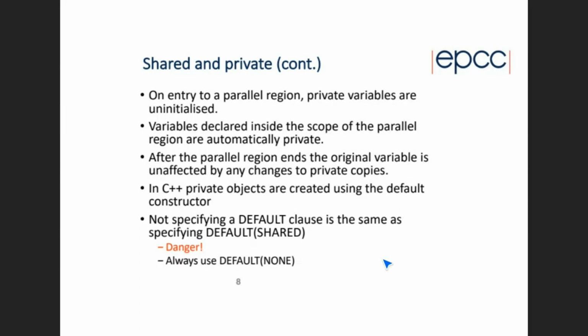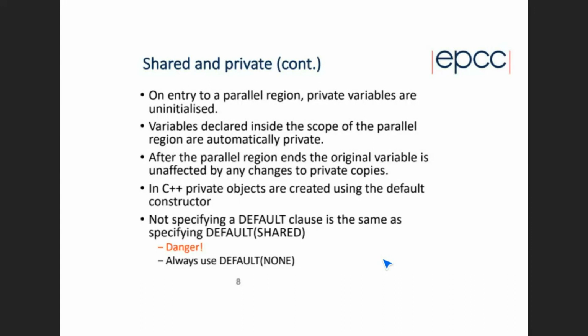The next bit I'm going to emphasize as extremely important, because this was probably the single worst design decision that was made right at the very start of the OpenMP specification. If you don't specify a default clause, the behavior is the same as if you specify default shared.